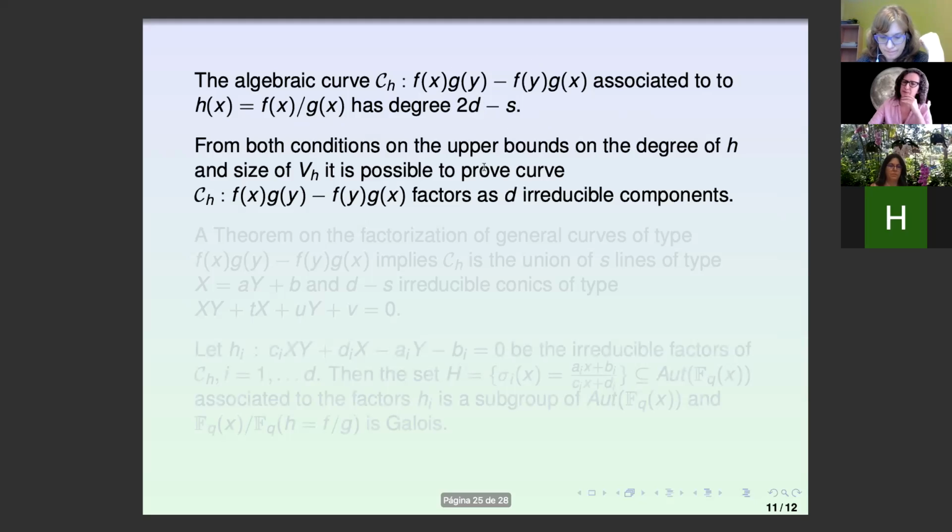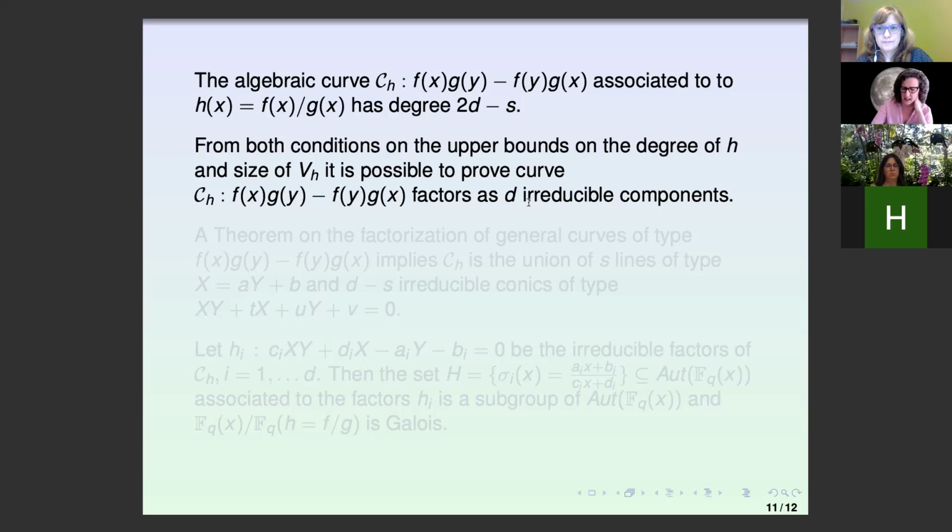So, from the conditions on the degree of H and the size, this is possible, actually, well, it's a lot of work. We can prove that this curve factors into irreducible components.